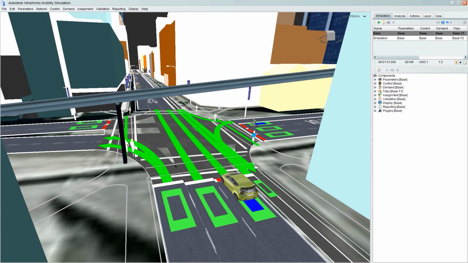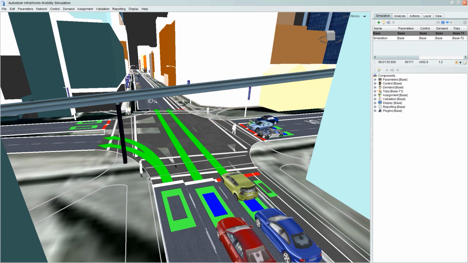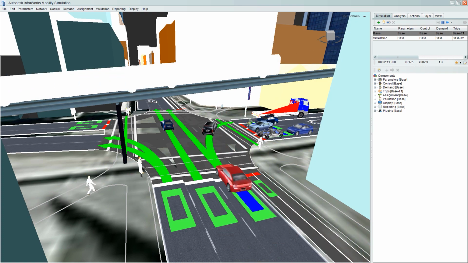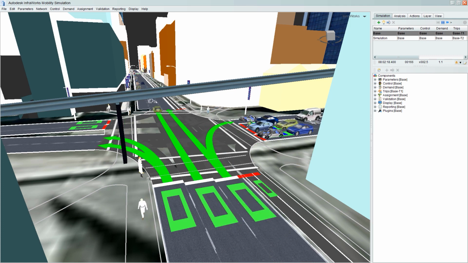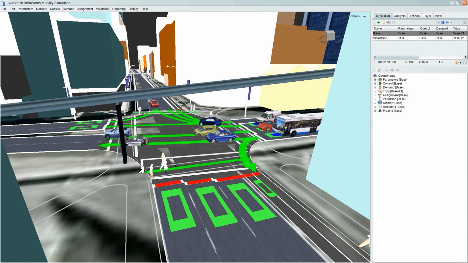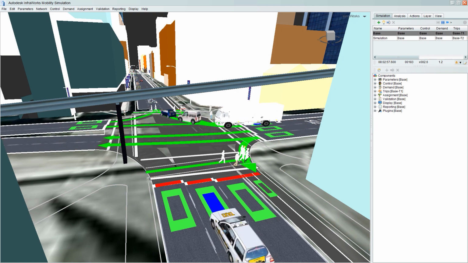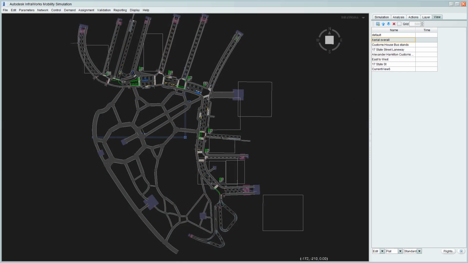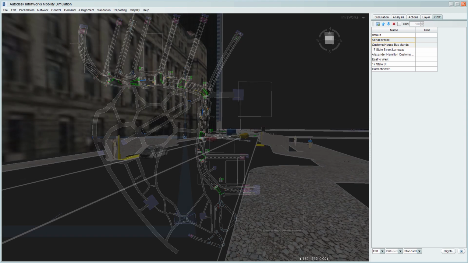This next example is about crossings. It's really about how all the different modes can work together at a crossing. You'll see a cyclist on the top right there, and then we've got cars, lorries, people, and the cyclists all working together on this crossing. And then this example is of a traffic system.